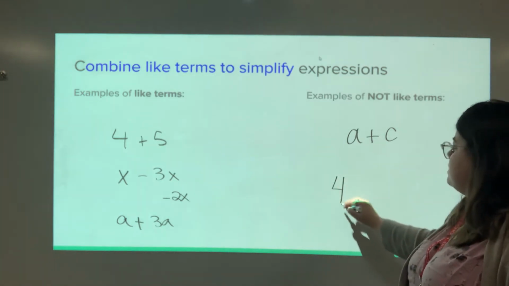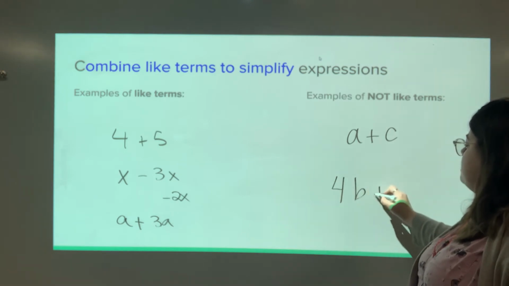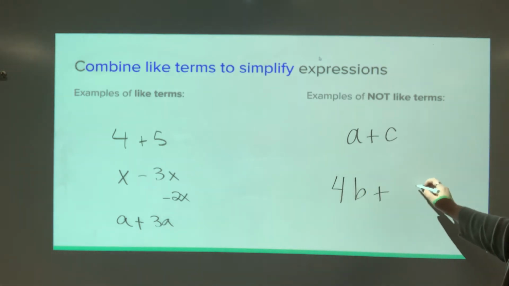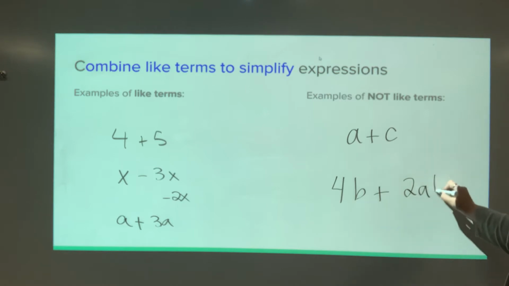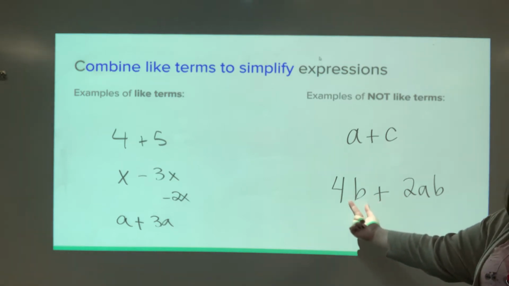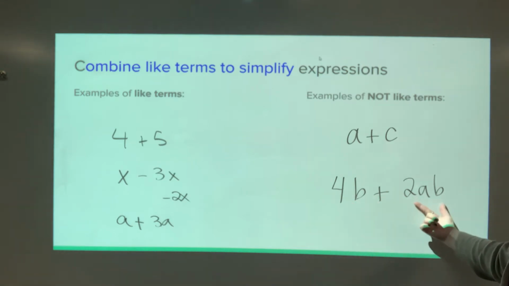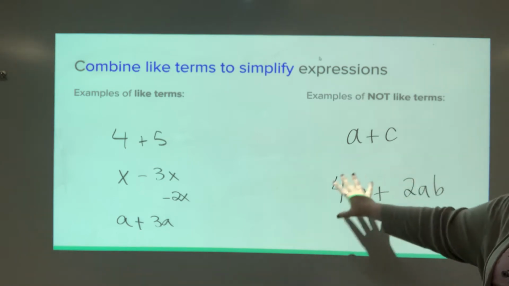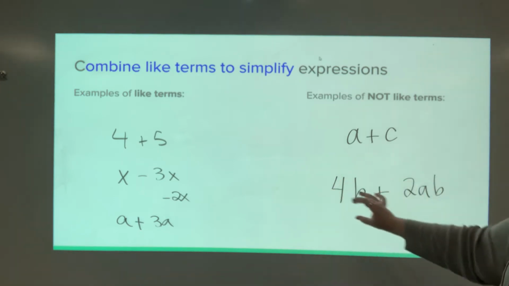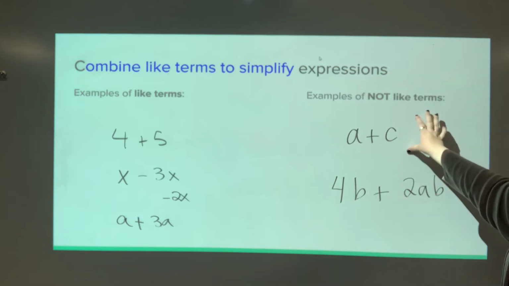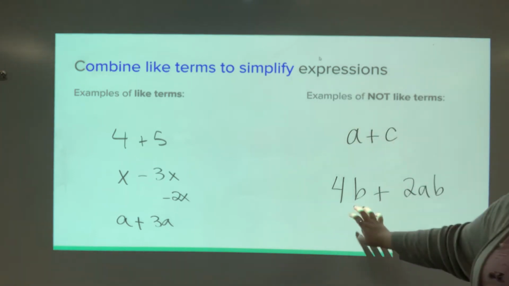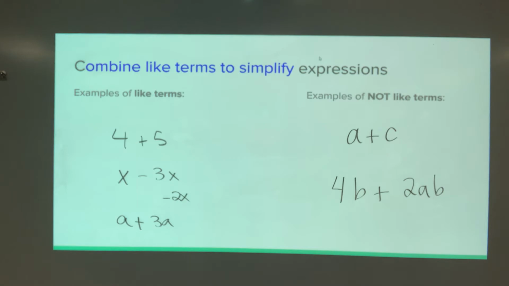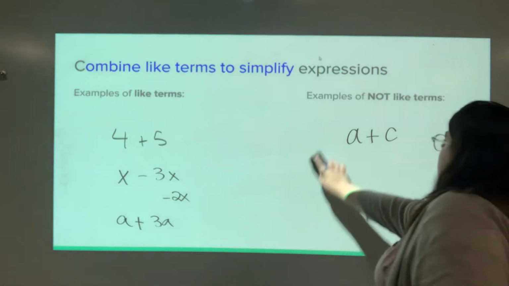So often I'll see something like 4b plus 2ab, and some people will try and combine them and say 6ab. No, again, here we've got just b. Here we have a and b being multiplied together. They're not the same thing. So this is as simple as you can make it. And then this here, again, as simple as you can make it. No like terms to combine there. Okay, we're rocking and rolling.